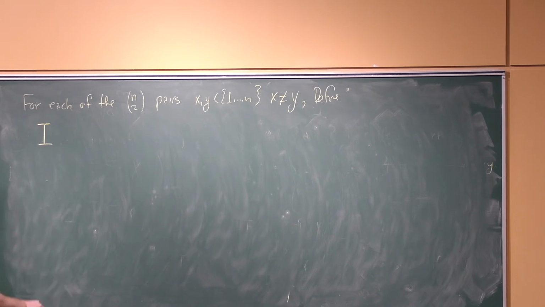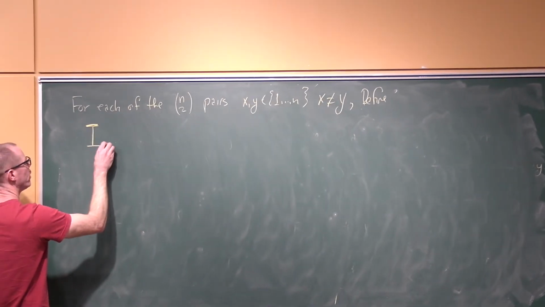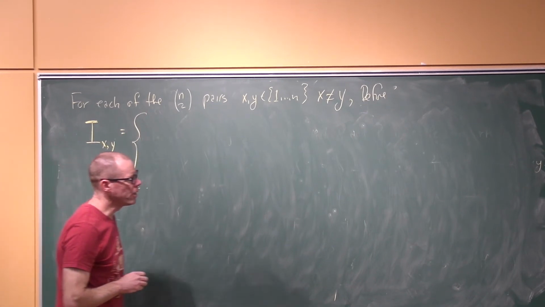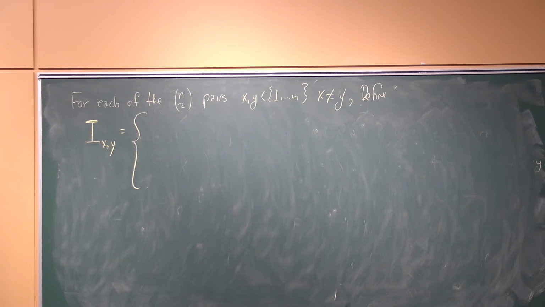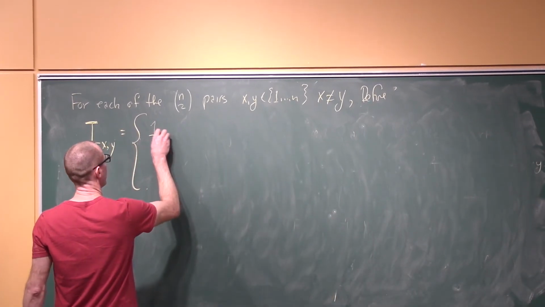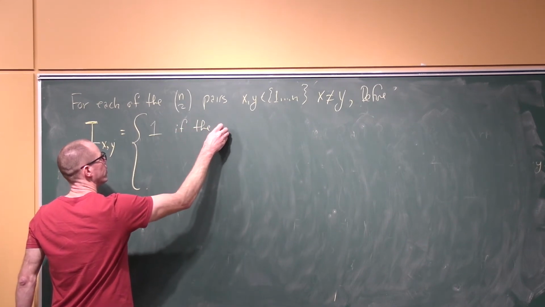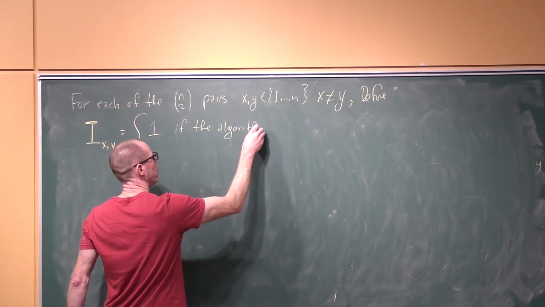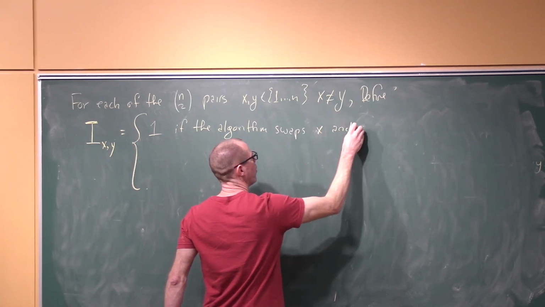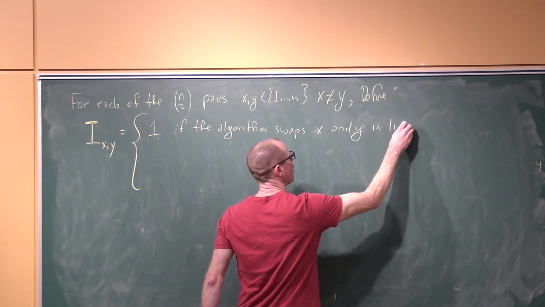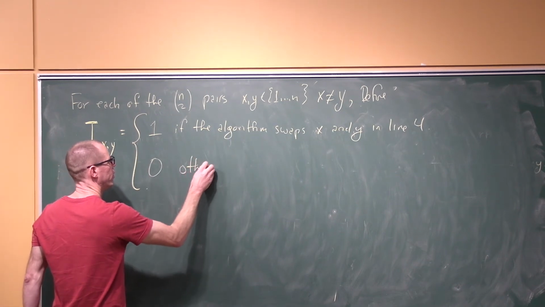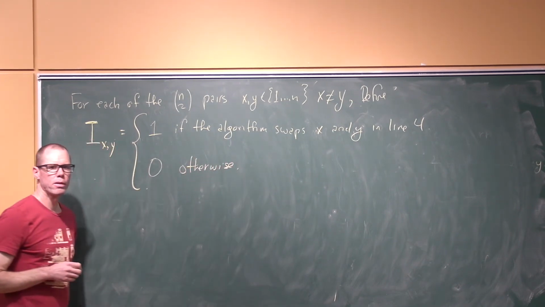I'm going to call it I for indicator, I_xy, to be equal to 1 if the algorithm swaps x and y in line 4, and 0 otherwise.